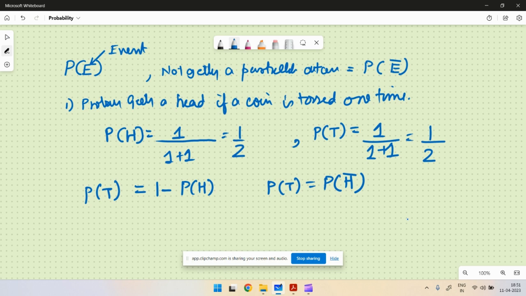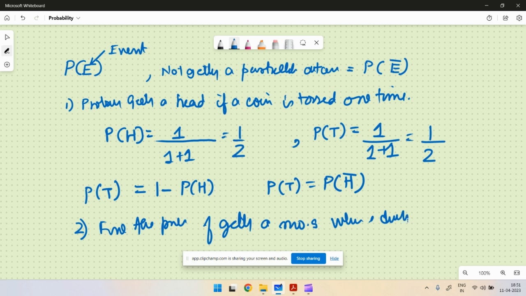Now, some questions based on dice. Find the probability of getting a number which is divisible by 2 in a dice. If you see the events, these are the favorable outcomes.